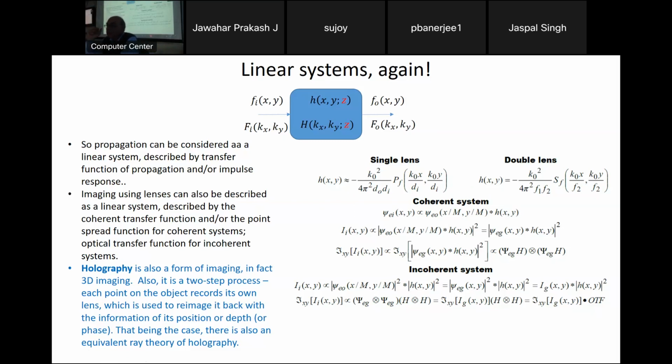Just look at it from the broader point of view. You have an object, then you make a hologram. Then you reconstruct the hologram, what do you get? You get really the image of the object. So if no one told you what's happened in between, it's an imaging system, right? It's a more complicated imaging system, but it's unique.